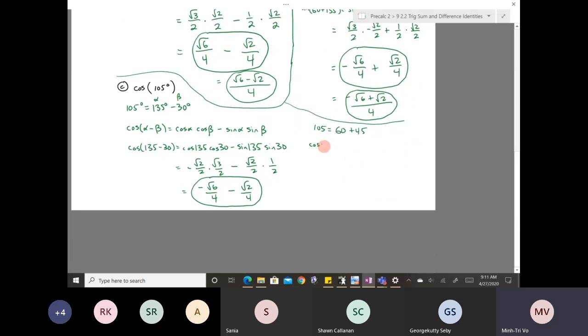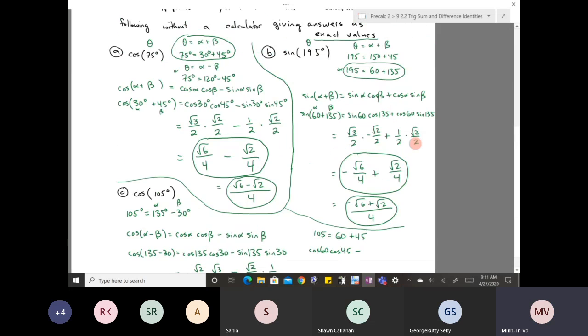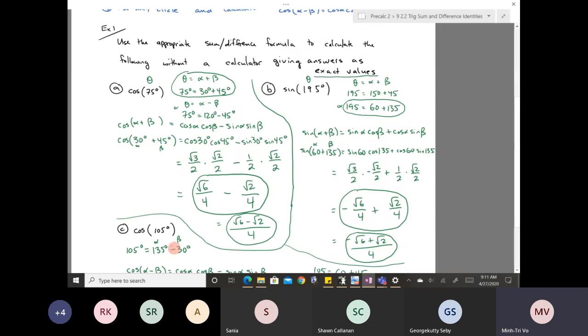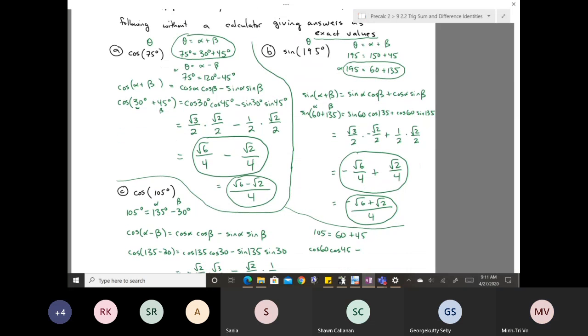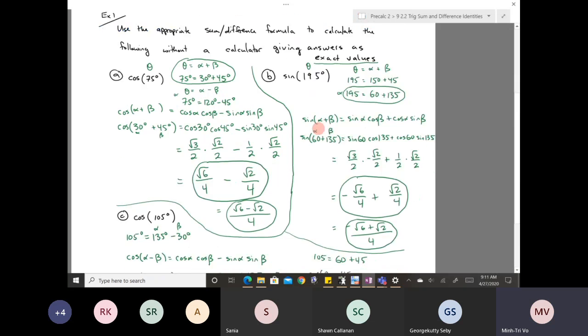So you have cosine 60 cosine 45 minus, right, the formula for cosine is the opposite. Oh, I messed something up. What was the difference formula for cosine? The difference formula for cosine has a plus sign here.